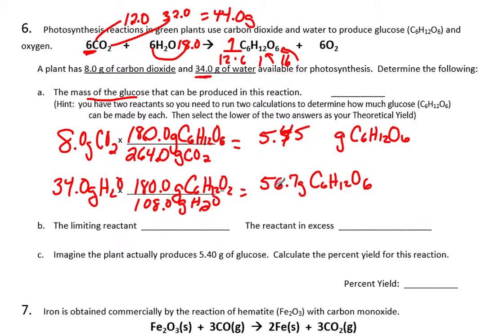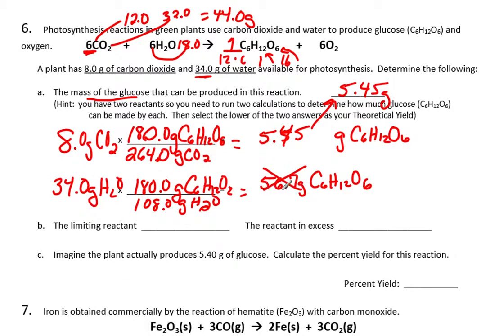So now we have two amounts, and the question is, which one do we pick? Well, I cannot make 56 grams, or the plant can't make 56 grams, because the moment 5.45 grams are made, all the carbon dioxide is at 0. It's gone. It's used up. It's been converted to glucose. So this is the max. This is my theoretical yield. I can only make 5.45 grams of glucose.